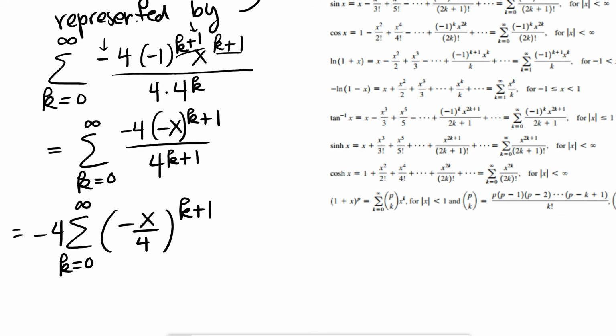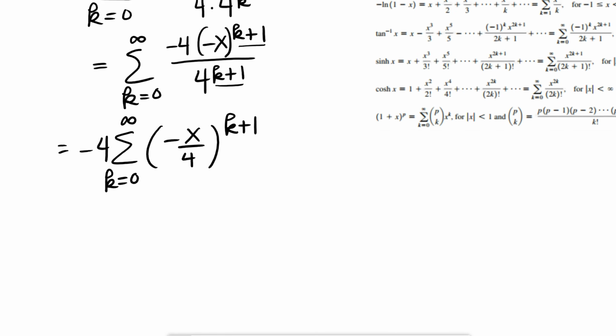Again, my idea is to try and get this guy to have that same starting point, that k to the x plus 1, so that I can write it in the same way. Okay. All right. There's one small issue here though. Let's look at when k is 0.